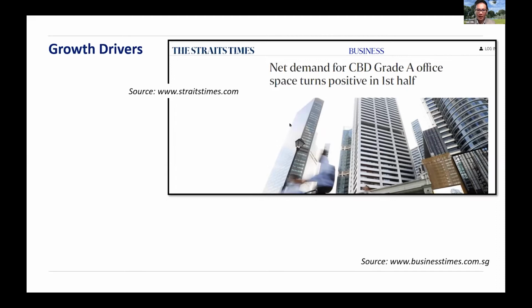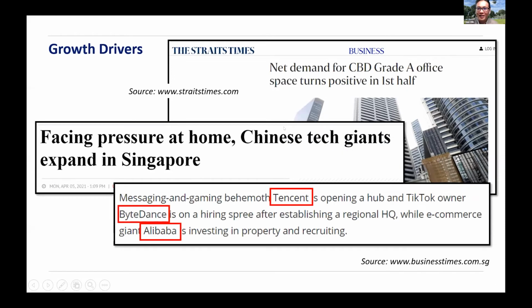So you may be wondering, who is actually coming into Singapore offices? As the article says, facing pressure at home, the Chinese tech giants are expanding in Singapore. A lot of Chinese tech companies have set up their overseas HQ in Singapore. Of course, their main HQ is in China, but a lot of them want to branch out and serve the global market, so they have decided to set up overseas HQ in Singapore.